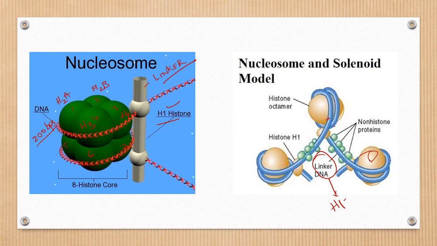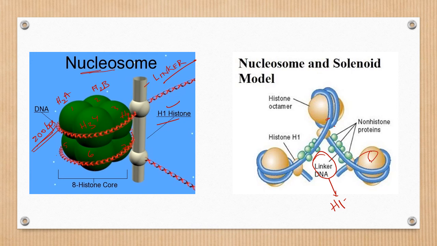So a single nucleosome is formed by histone proteins and DNA. In the nucleosome, DNA is present. In the DNA, how many base pairs are present? 200 base pairs. Based on this, we can calculate the number of nucleosomes present in a human cell.